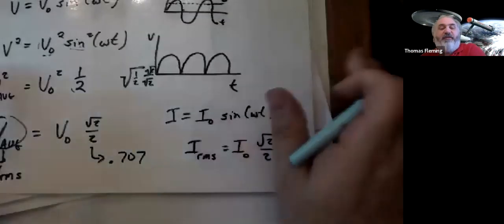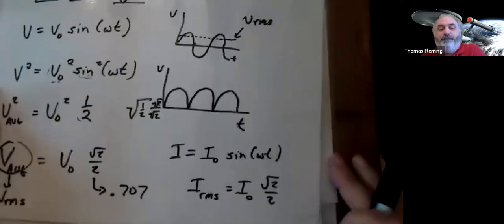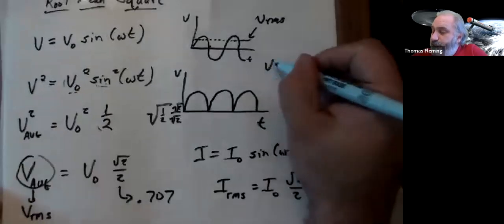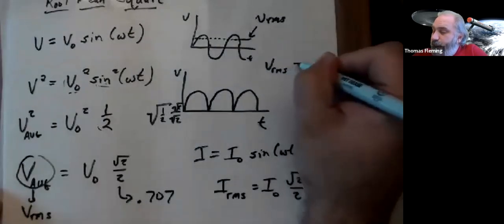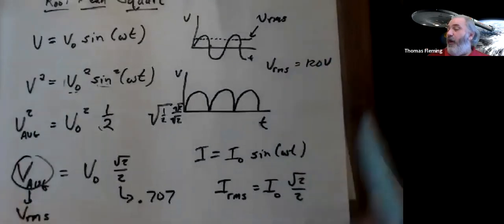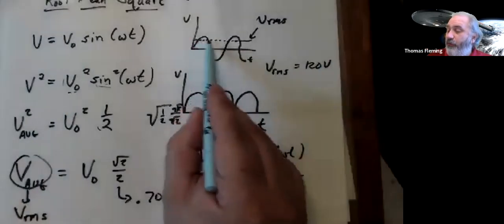To give you a sense of how that will play out in the real world, we know that in most American household circuits, the RMS voltage is about 120 volts. That's pretty standard. Now, if that's the RMS voltage, that's this 3/4 of the wave voltage.